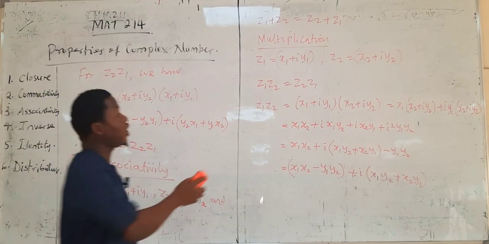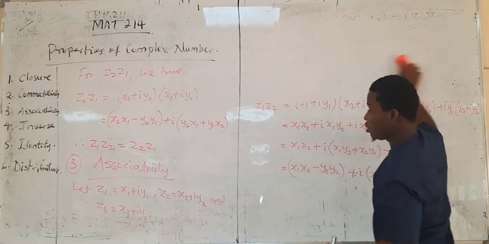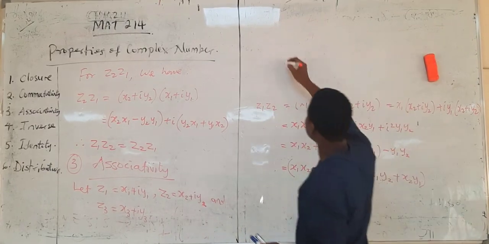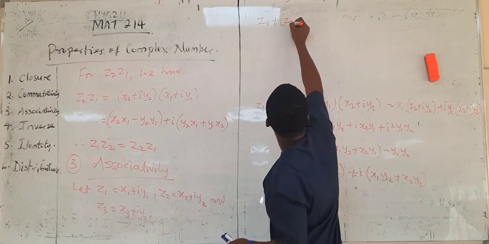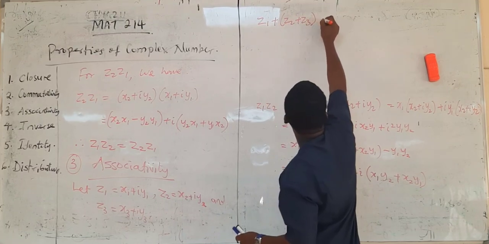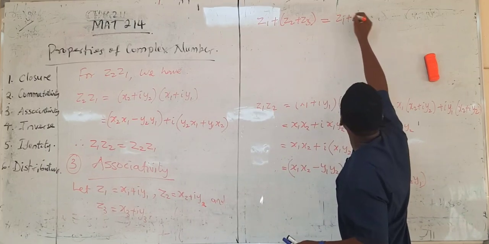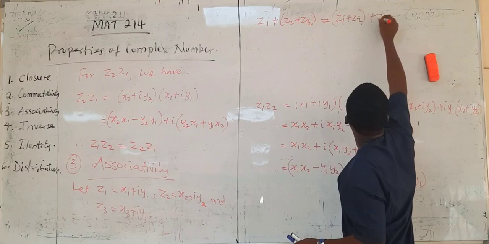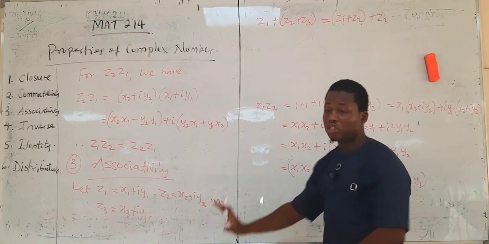Now here it suffices to show that under addition, the associativity is z1 plus z2 plus z3 is the same thing as z1 plus z2 plus z3, with the brackets placed differently. So this is the statement for associativity.